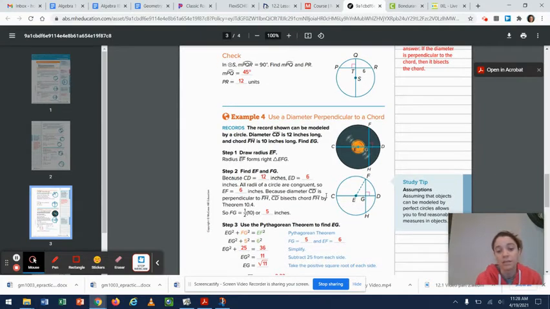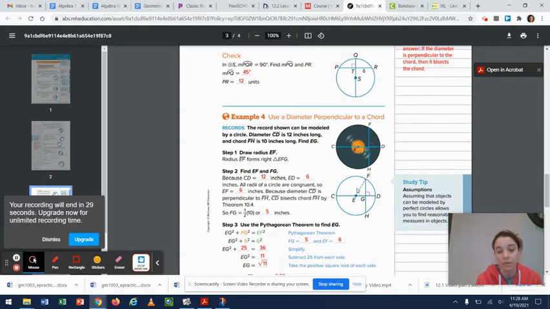We know that the diameter is 12, so from E to D would be 6. Since this is going to be perpendicular, that's going to end up being helpful with a right angle right here. We also know that E to F is also a radius, so from E to F will also be 6.